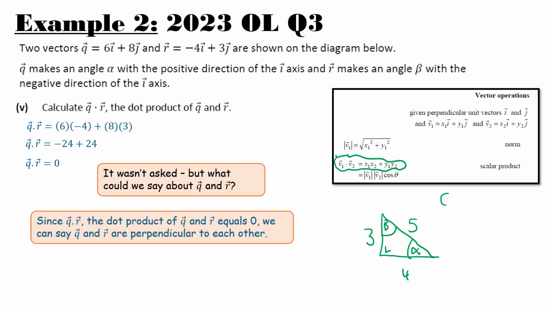So if you look at the cos of alpha, that is 4/5, but the cos of beta is 3/5. And if you look at the sine of alpha, it's 3/5, and the sine of beta is 4/5. So we're getting a bit of a connection here.